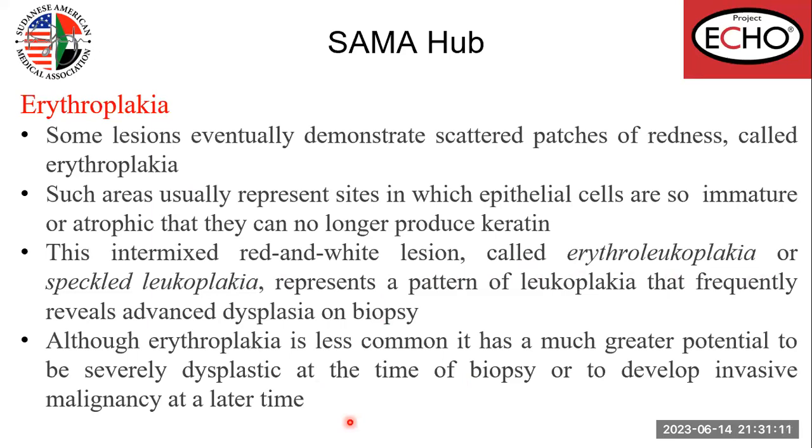So in more cases than others, if we have speckled erythroplakia, it will show advanced dysplasia on biopsy. So it is quite alarming, and we should remove it at once if it's feasible.